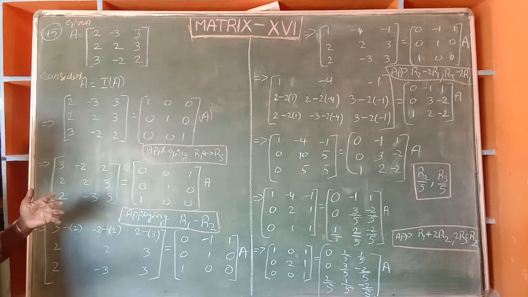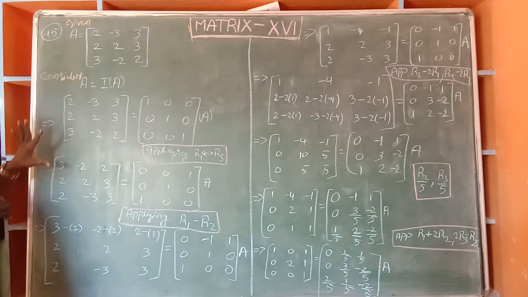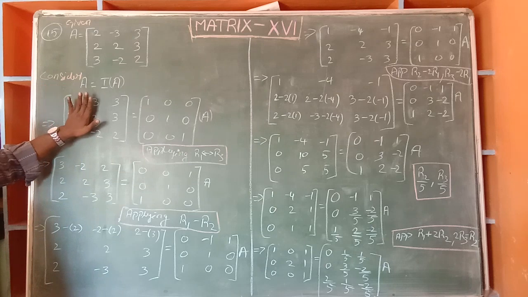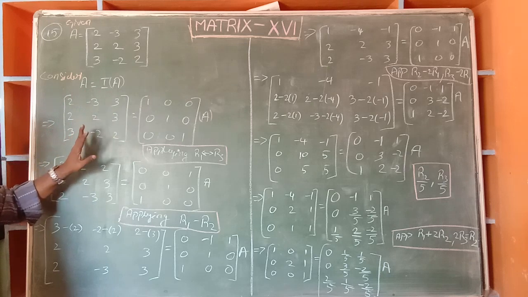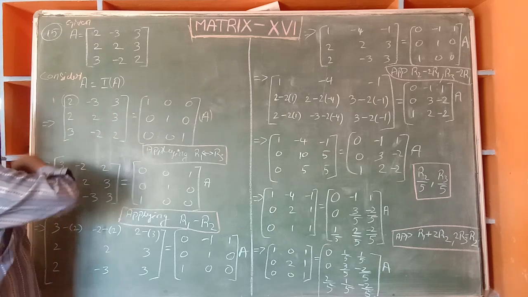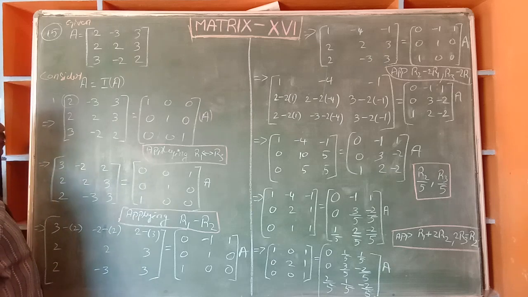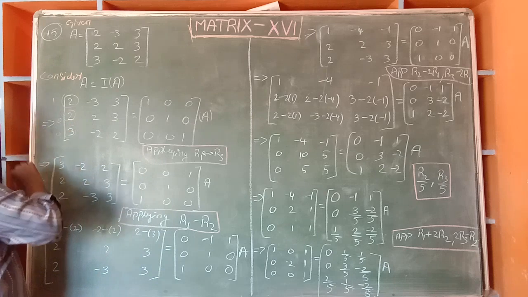Now, why is it necessary to apply like that? You see, here our aim is to change this A to I, that is 1 0 0, 0 1 0, 0 0 1. Here we have to get 1 and here we have to get 0, 0 like this.